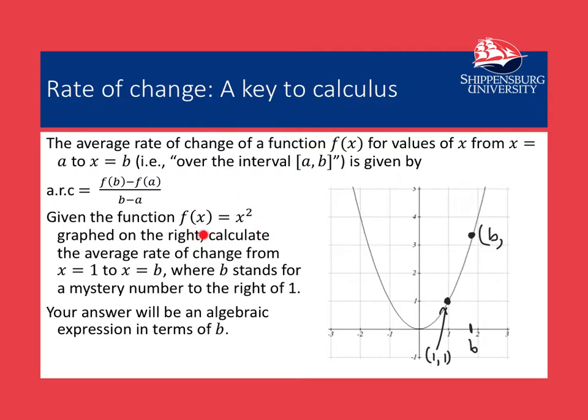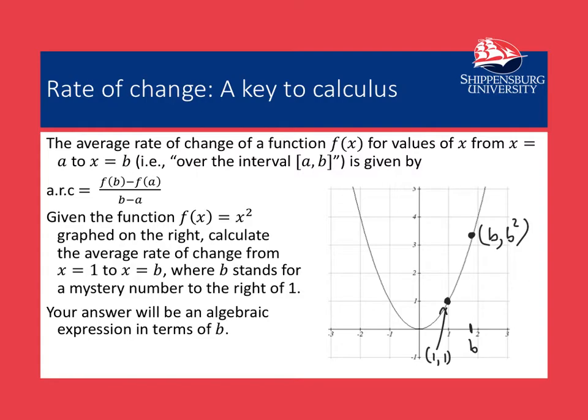So if you tell me the input is anything, the output will be that thing squared. So if the input is b, the output is b squared. So every point on this curve, whatever the x-coordinate is, the y-coordinate will be the x-coordinate squared.